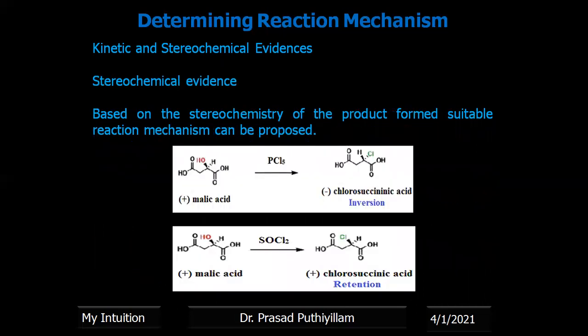The stereochemical evidence is based on the stereochemistry of the product formed, from which a suitable reaction mechanism can be proposed. Two examples are given: plus malic acid reacts with PCl5 as well as with SOCl2. Both give chlorosuccinic acid, but with one the inverted product is obtained, that is the minus form, while with SOCl2 the plus form is obtained.